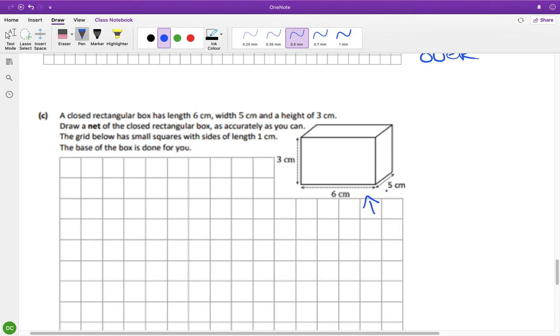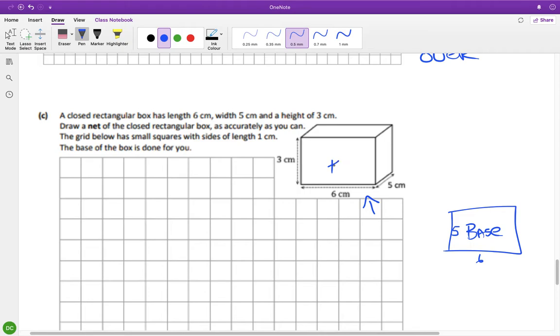Okay, so next is going to be, there's the base. When I teach this, I can't remember if I went through this with you in any detail, but I always talk about the T shape. You make a T shape, okay? So the base is 5 by 6.